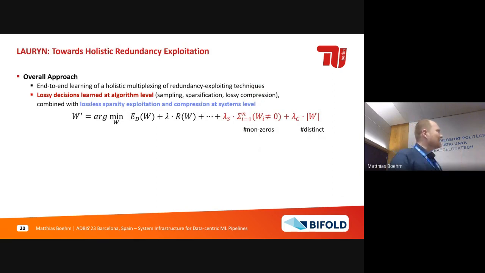Lorien: holistic redundancy exploitation. Just to give you a rough idea of how sparsity exploitation is, for example, done. W are your weights, so this is your model. Imagine just a single weight matrix, a single layer network, for example. You have some error that you see given the weights on your data set. Usually, in order to avoid overfitting, you also have a regularization term, where if the weights are really large, this penalizes essentially those large weights in the loss function.